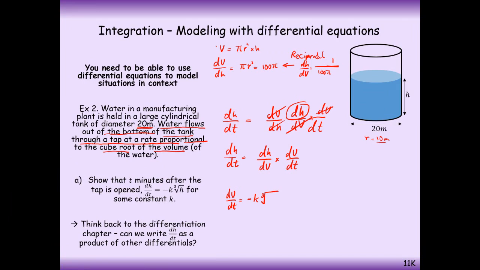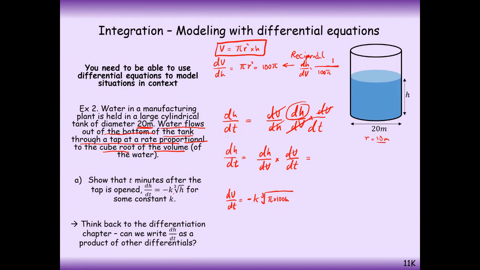What is V? V has a definition of pi times 100 times h. So we can replace this in this equation, and these dV's will cancel away and we're left with what we want.